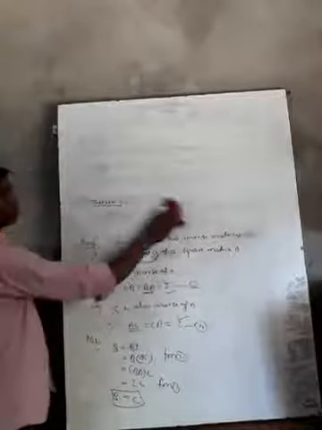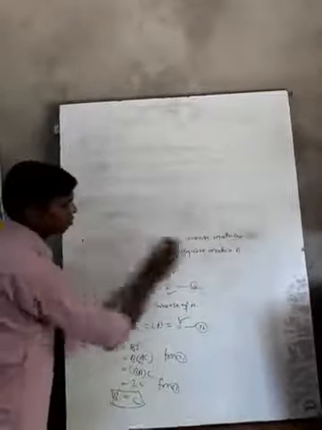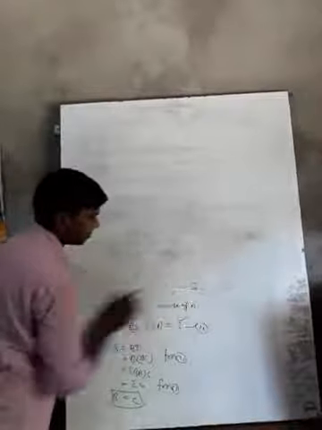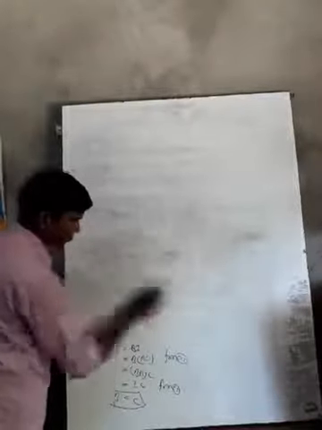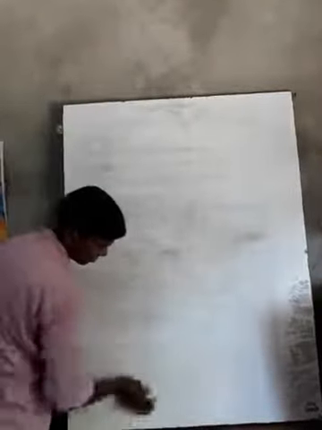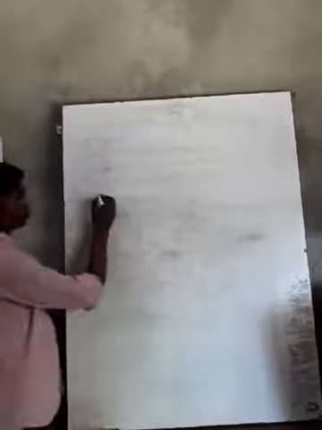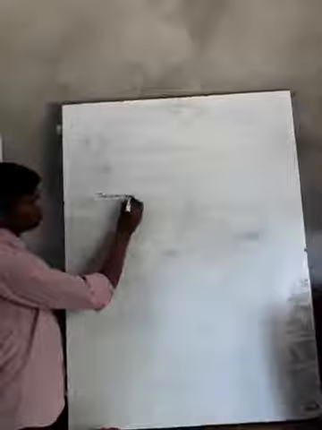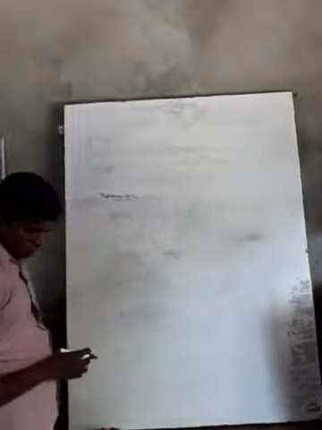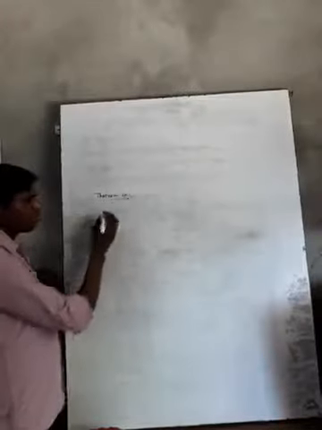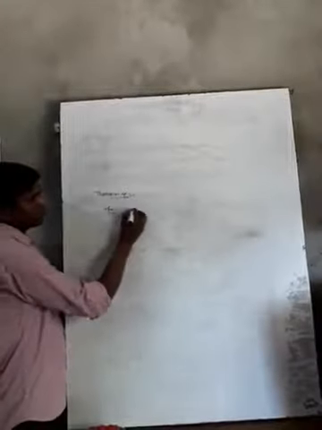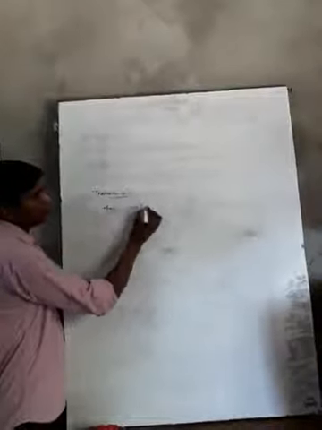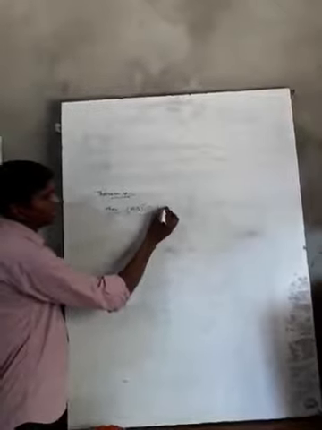Theorem number 4, a very important theorem. If A and B are invertible matrices of the same order, then (AB) inverse can be written as B inverse A inverse.